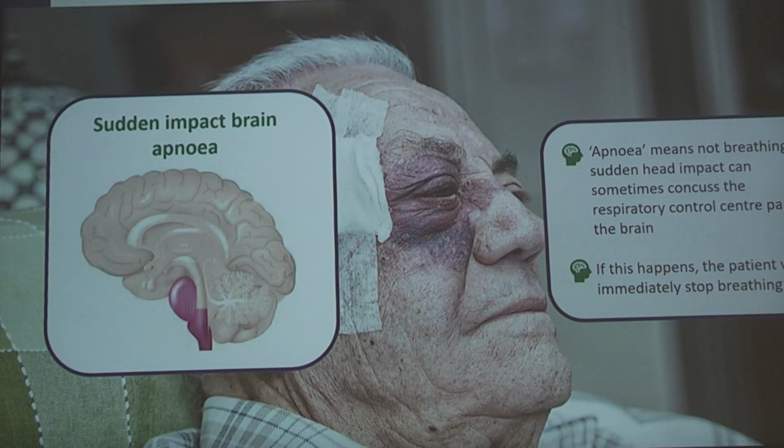While they're not breathing, the brain is getting an injury from not having oxygen, and then the brainstem will eventually recover and they'll start breathing again, but they'll die because the brain has died. So it's important to think about recognising these things. If you get to someone who's had this sort of injury and they're not breathing but they've got a pulse, it might be that they've had this type of injury.